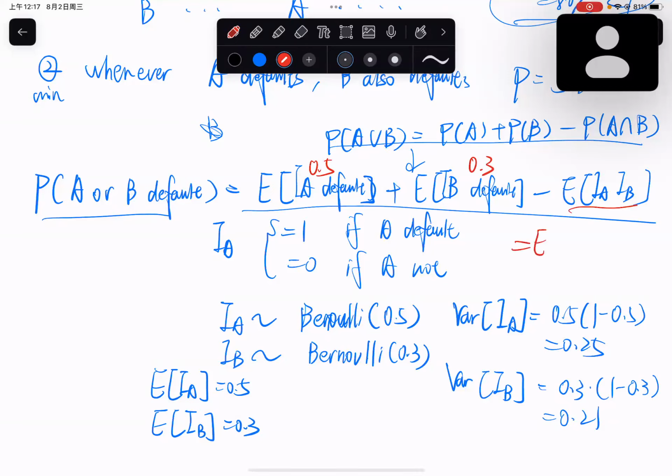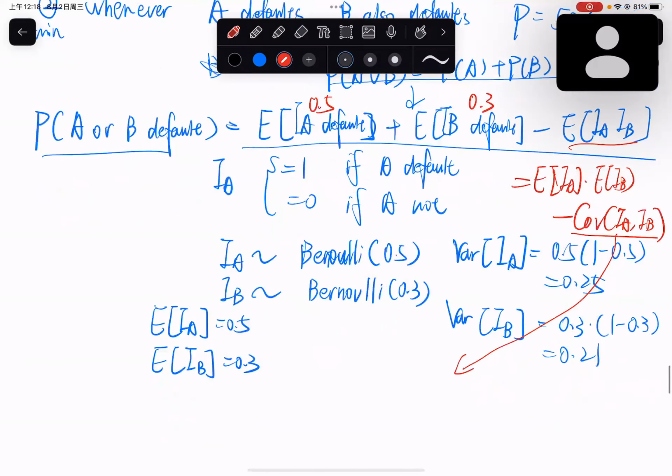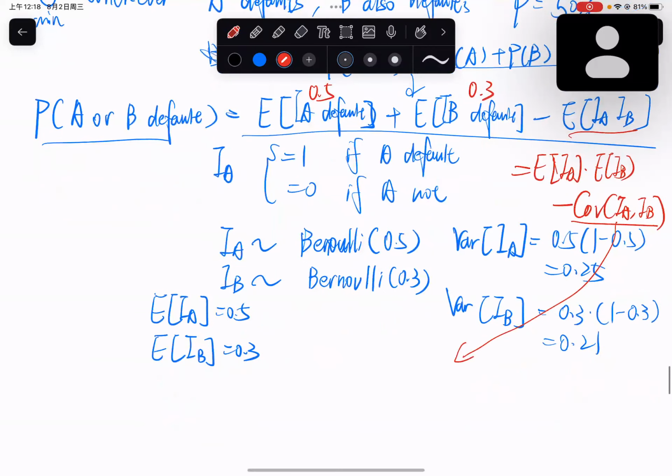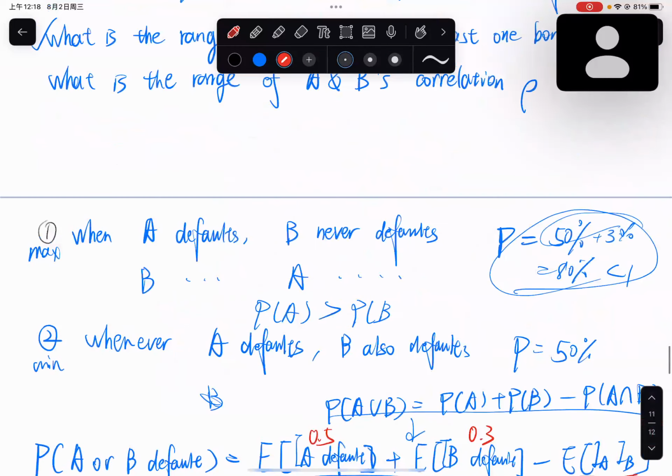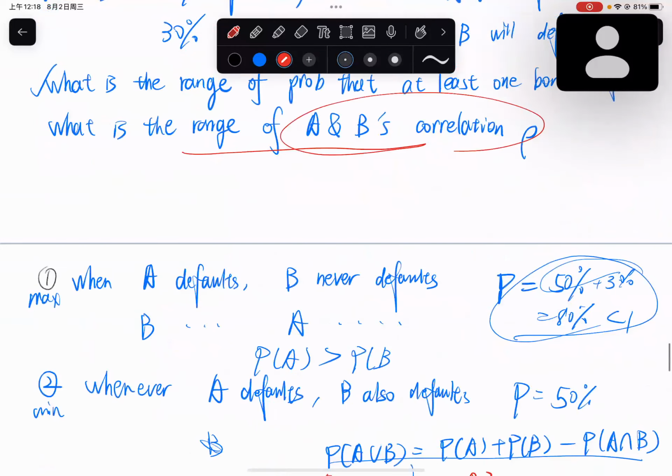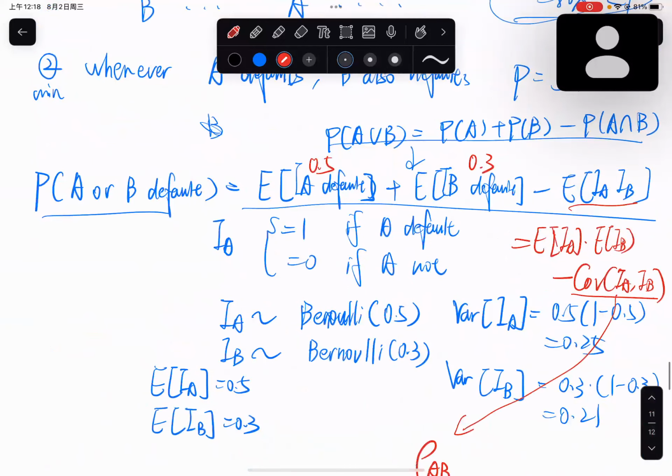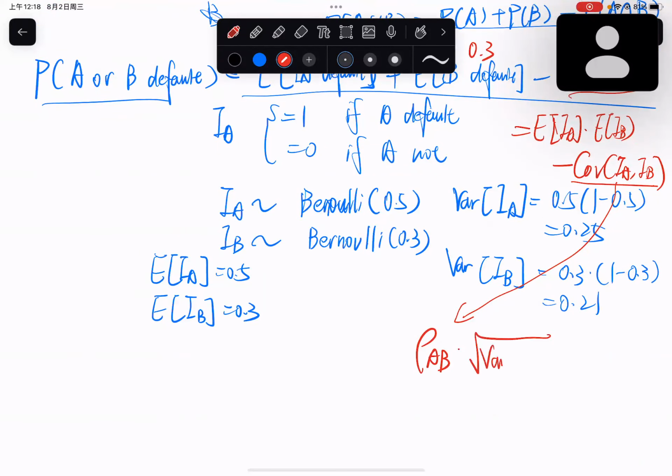It is equal to the expectation of I_A multiplied by the expectation of I_B minus what? Minus the covariance of I_A, I_B. And this part is going to be equal to the correlation rho AB, which is what we want, the range of A and B's correlation, multiplied by the square root of variance I_A, variance I_B.